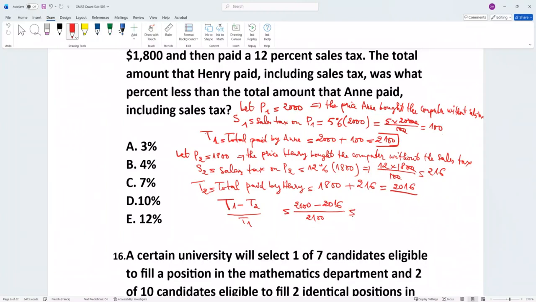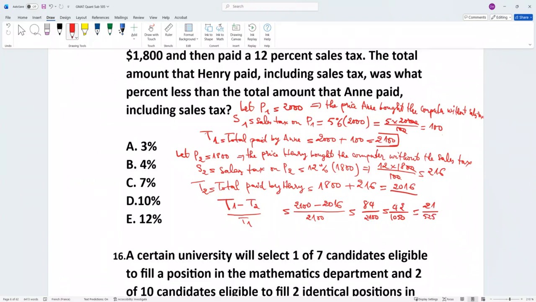So this will give us 84 over 2,100. If you divide by 2, 42 and 1,050. Divide by 2 again. This will give us 21 over 525.